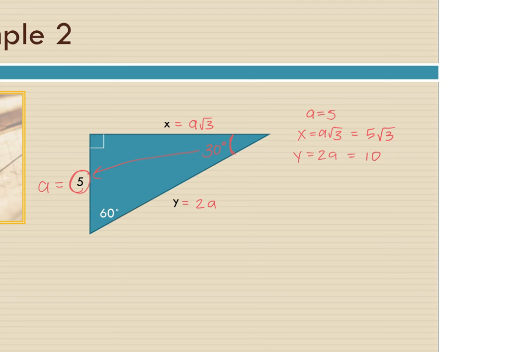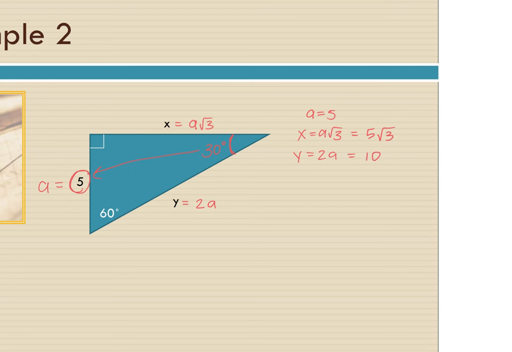But it has to be a special right triangle. So it has to either be a 30, 60, 90 or a 45, 45, 90, okay? So if you're ever given one side only, look for the special triangle instances, okay? If you're given 2 sides, forget about it. Just use the Pythagorean theorem, okay? Questions?